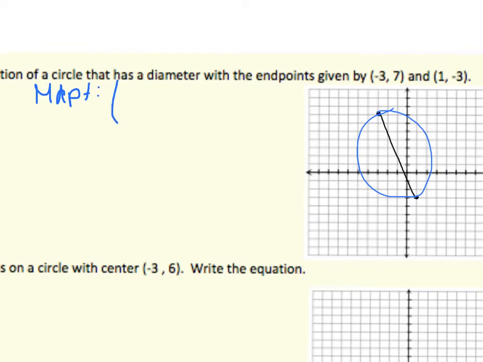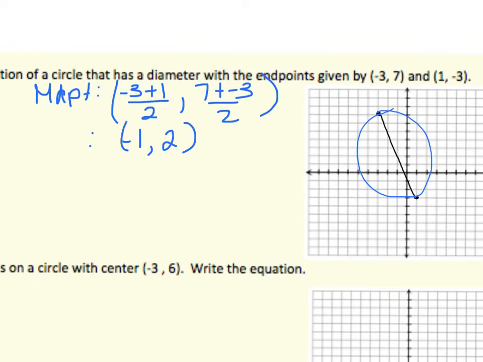Remember, your midpoint is (-3 + 1)/2 and (7 + -3)/2: adding the x coordinates and dividing by 2, and adding the y coordinates and dividing by 2. So -3 plus 1 is -2, divided by 2 is -1. 7 plus -3 is 4, divided by 2 is 2. So your midpoint is (-1, 2), but in relation to the circle, that's the center.